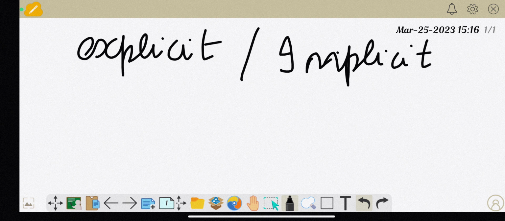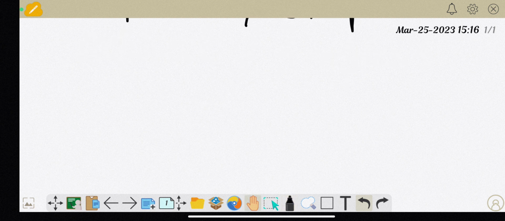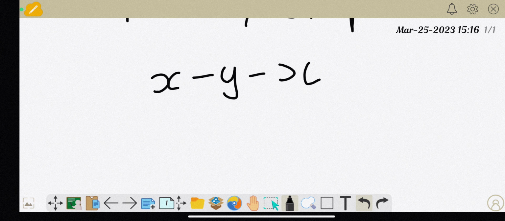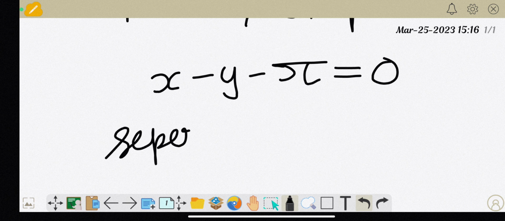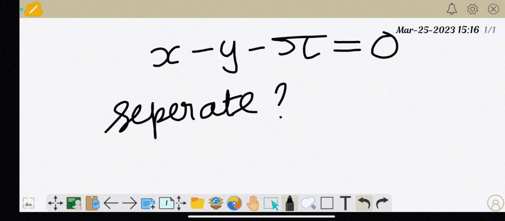Okay, so now I will take two examples. One example is x minus y minus pi is equal to 0. Now, can I separate x and y? Yes, I can write y in terms of x, correct? So I can write it in this way: y is equal to x minus pi.